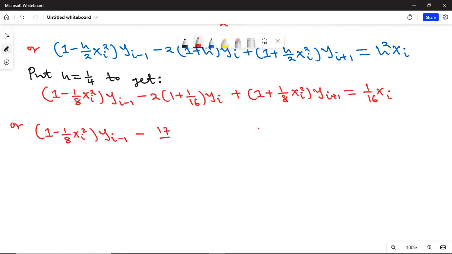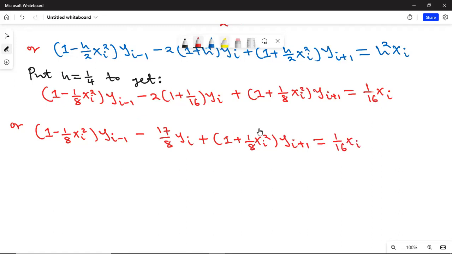So 17 over 8 yi. Then the other one is plus 1 plus 1 over 8 xi squared times yi plus 1. That should give us 1 over 16 xi.